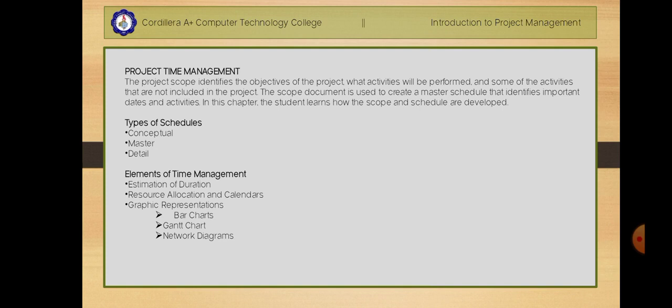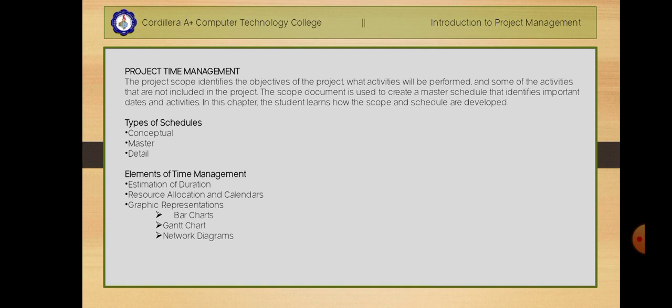Next is the detail. To execute the master schedule, the major activities are broken down into smaller activities, and resources are assigned to those activities. The most detailed portion of the schedule can be developed a few weeks prior to the execution of those activities and is called the 2-week plan.